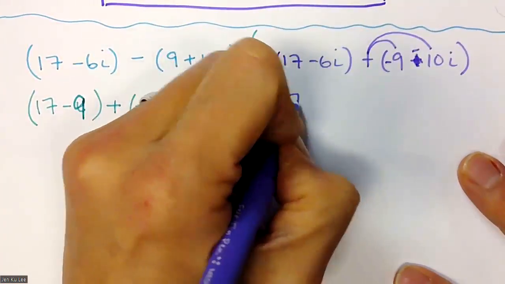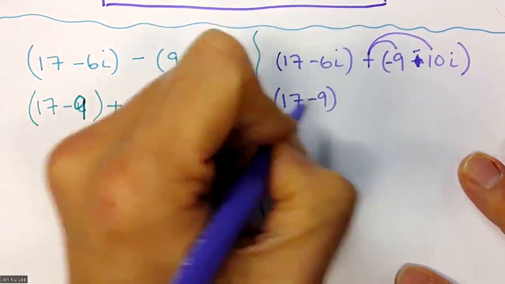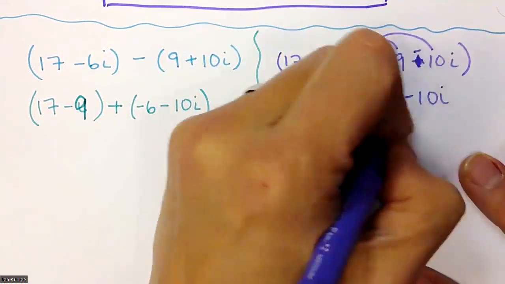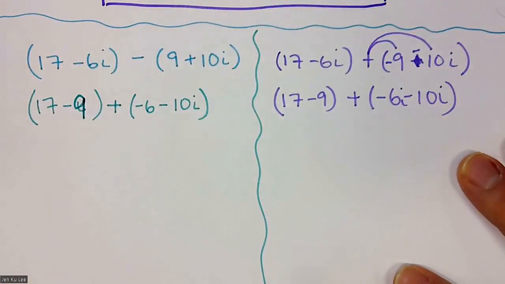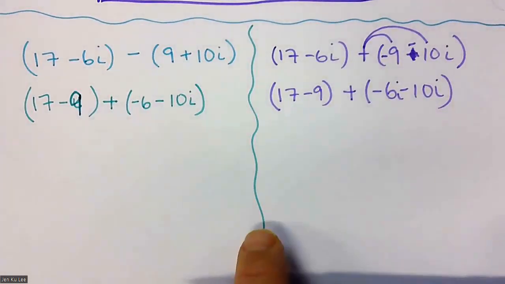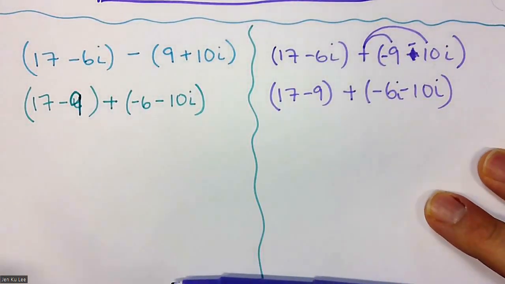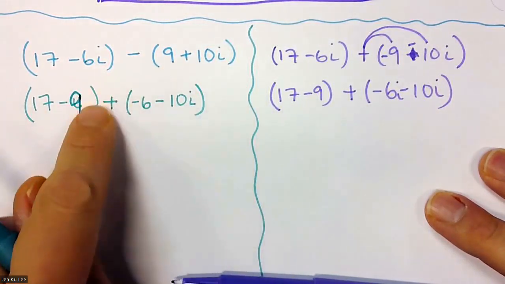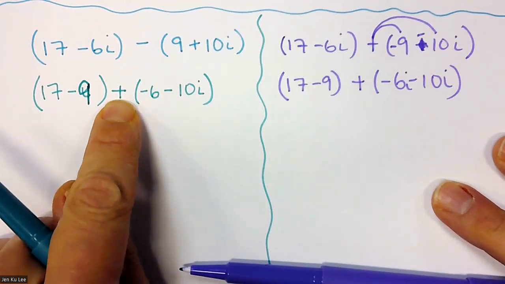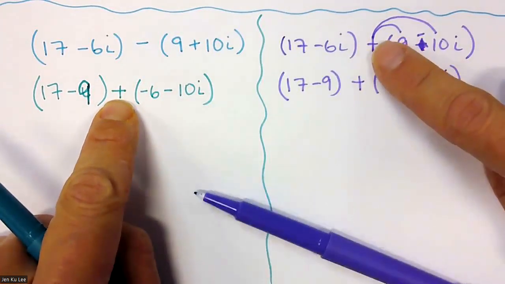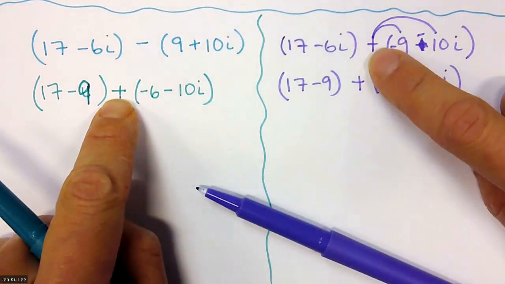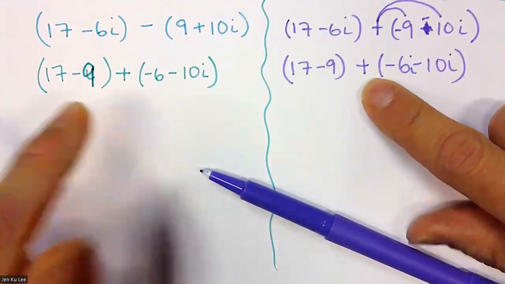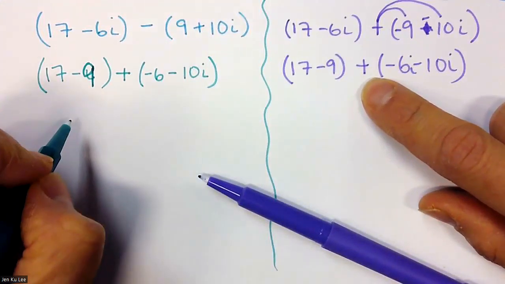So now we have 17 minus 9 plus negative 6i minus 10i. Right? Either way would work. And since I distributed out the negative here, the subtraction turns into an addition. Okay? So 17 minus 9 is?